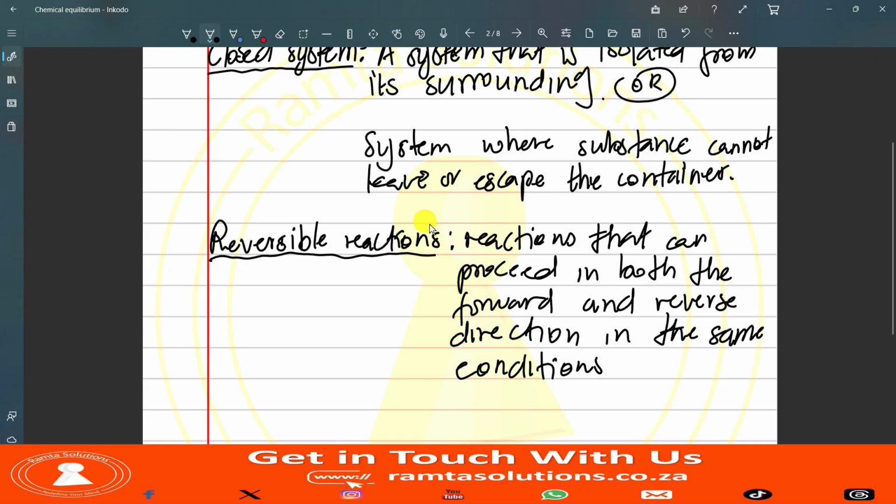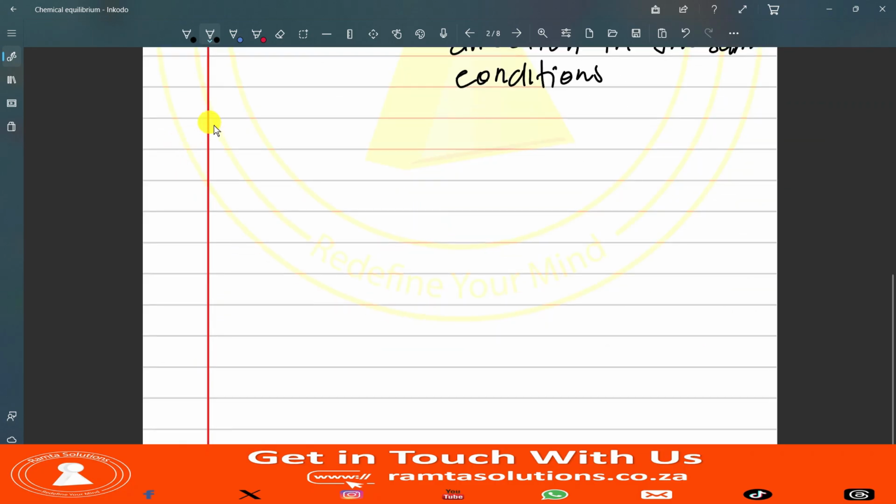All right. Now let's talk chemical equilibrium. I did give you a scenario earlier, but now I want to give you a definition.